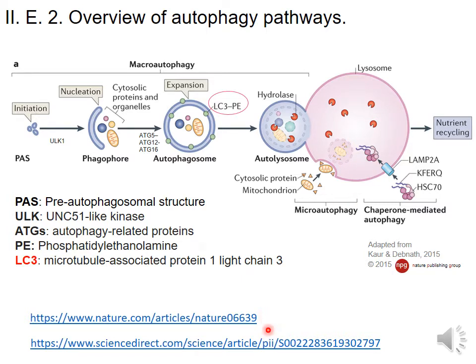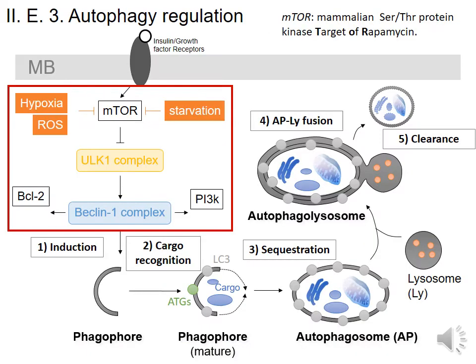Here you have two different articles you can check for more details about how all these processes are regulated. But briefly, the regulation of autophagy is a very specific process.